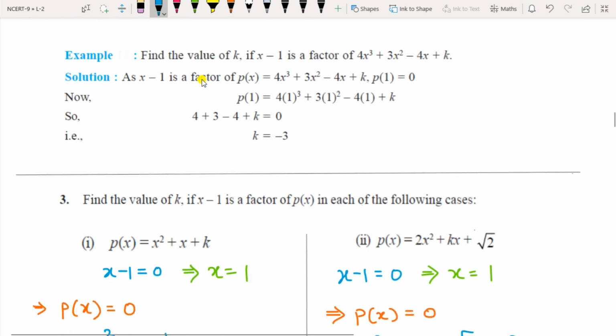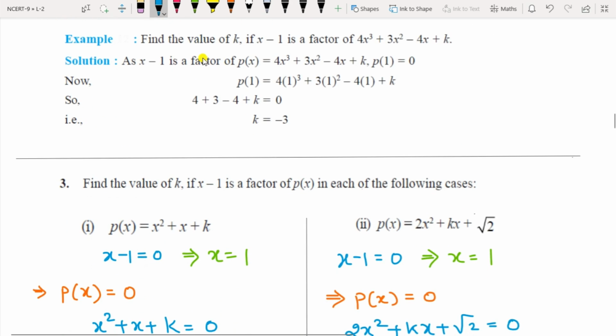Now for question number 3, this is an example here. Find the value of k if this is already given and it is a factor of this equation px, but in px one of the term is unknown, that is given as k. You have to find that value of this unknown term k. So when x minus 1 is already a factor, therefore you have to say that this px is equal to 0.